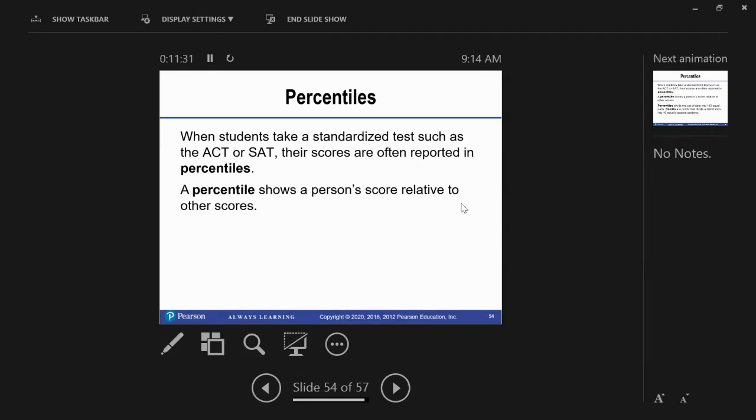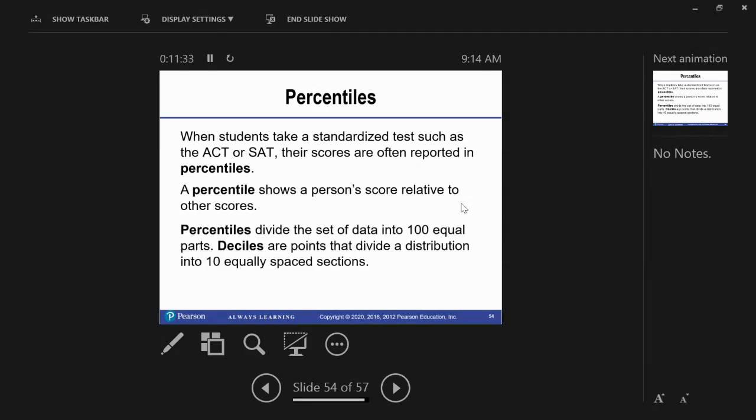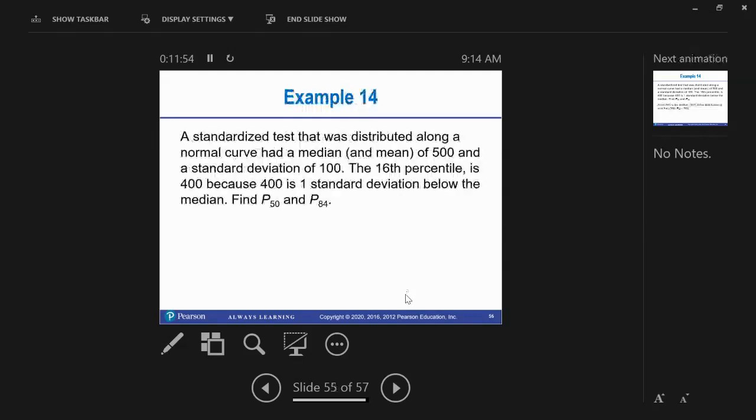A percentile shows a person's score relative to other scores. Percentiles divide the data into 100 equal parts. Deciles divide scores into 10 equal parts. You don't see deciles as much as percentiles, but I wanted to make sure we went over that. The percentile is represented as P with a little subscript there.